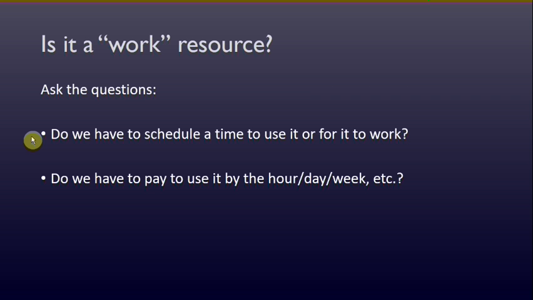You wouldn't have to schedule a time for a pile of bricks to work, but if you are talking about a dump truck and it had to be on the job site during a certain time to get a task accomplished, yes, it does have a scheduled time. So you would know that bricks are not a work resource, but a dump truck is. And also, do we have to pay to use it by the hour, day, or week? That's a really easy way to discern something that would be a work resource.